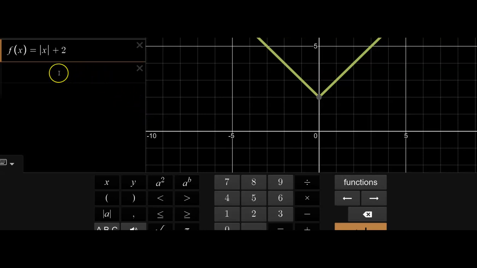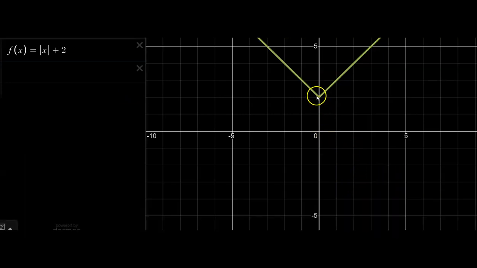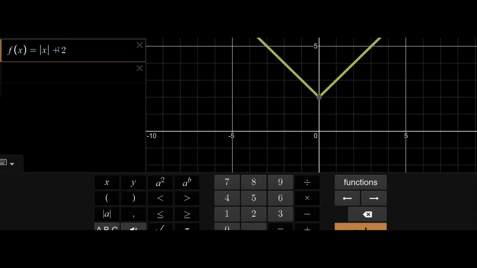Oh, what just happened there? It just got moved up 2 units. It was here, and then it got moved up 2 units. Okay, so plus 2 moved up the graph.